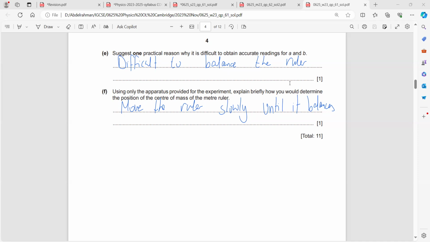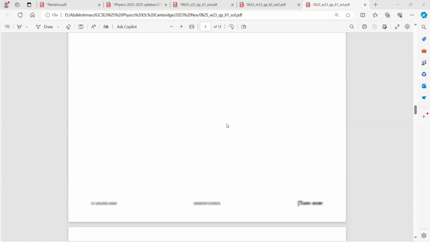If the block is too large and you cannot pinpoint its actual position on the ruler, you can take the average of the readings before and after the block. Moving on quickly because we're almost done.